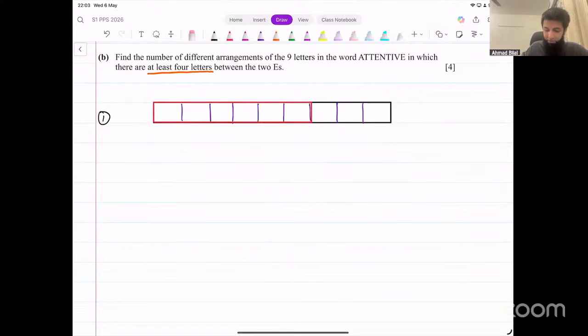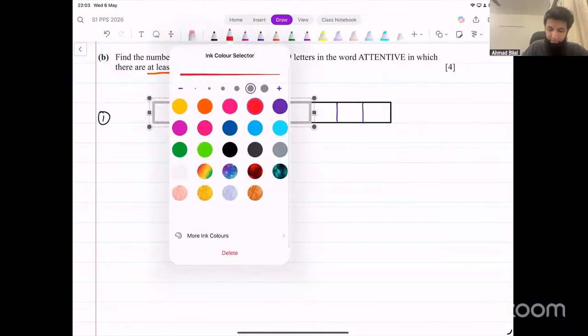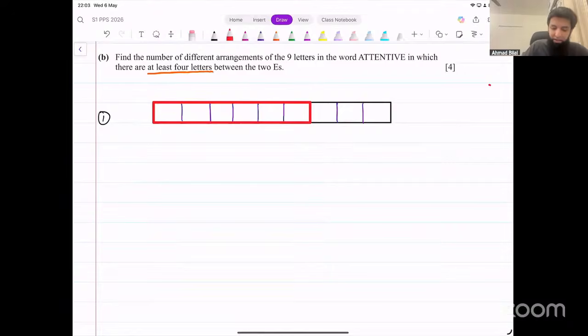1, 2, 3, 4, 5, 6. This is a big red box. Now, this red box has 6 letters in it. On one end, we have an E. On the other end, we have another E. Between these two E's, we have other letters. Now, what's the number of possible arrangements that you can get in this case?